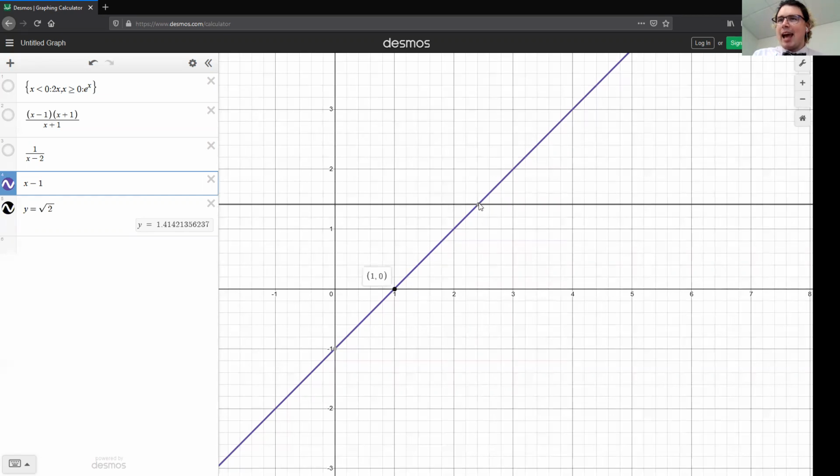My corresponding x value here is outside of the interval from 1 to 2. So the theorem only works if my target y value is between the two different values of the function. So between 0 and 1. That's when the theorem works.